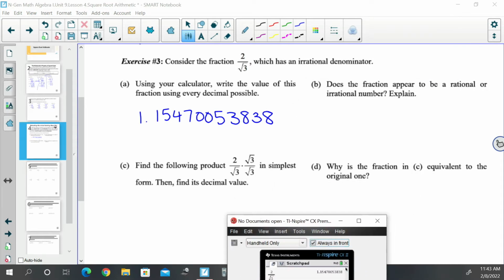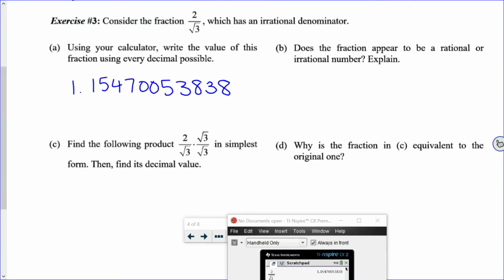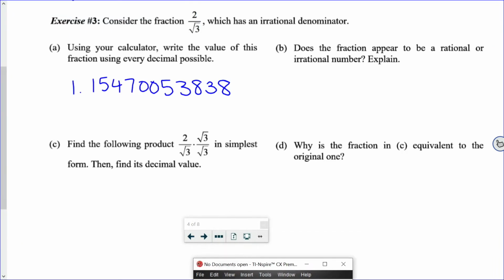All right, great. Let's go back to full screen. We'll leave our calculator kind of hanging out down here.